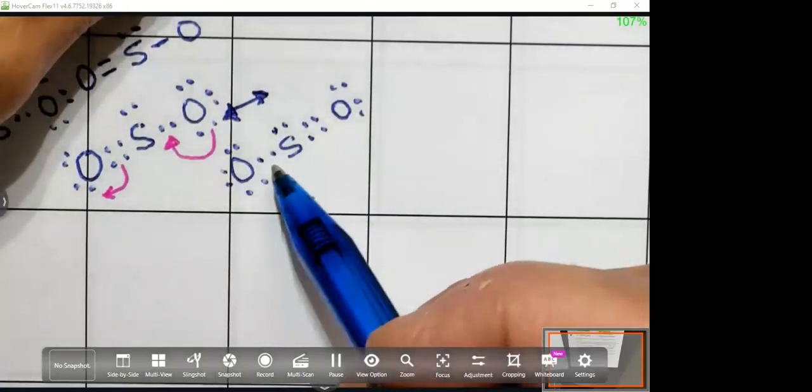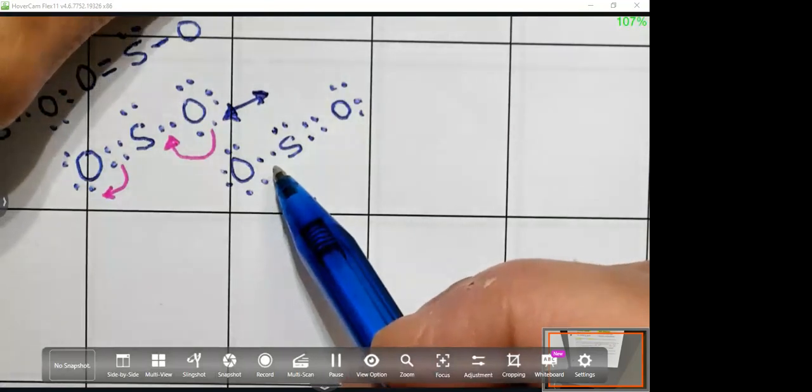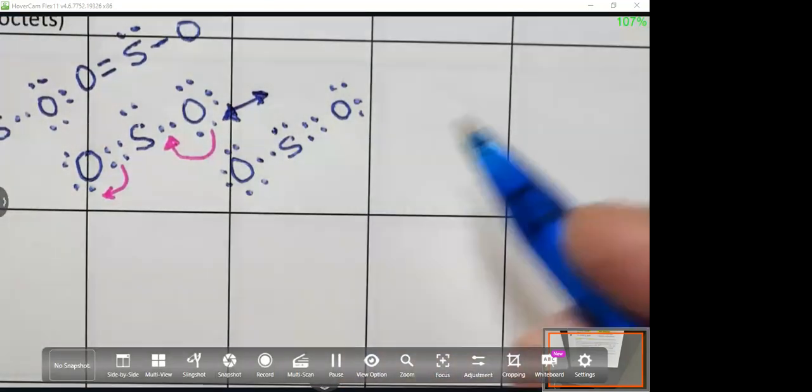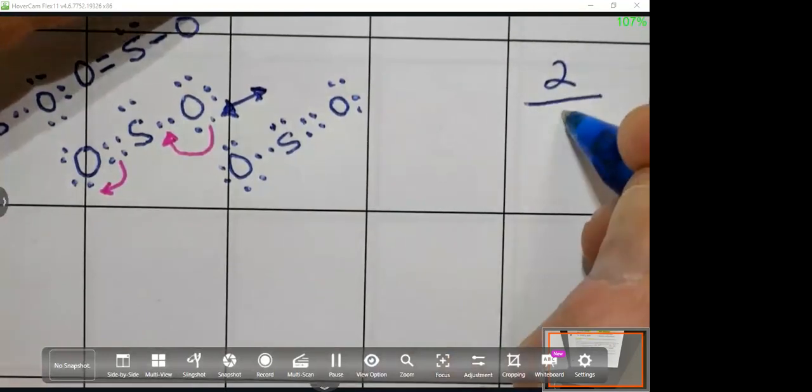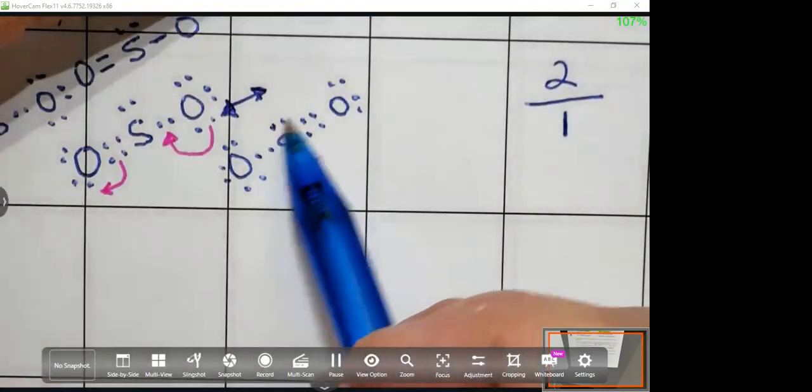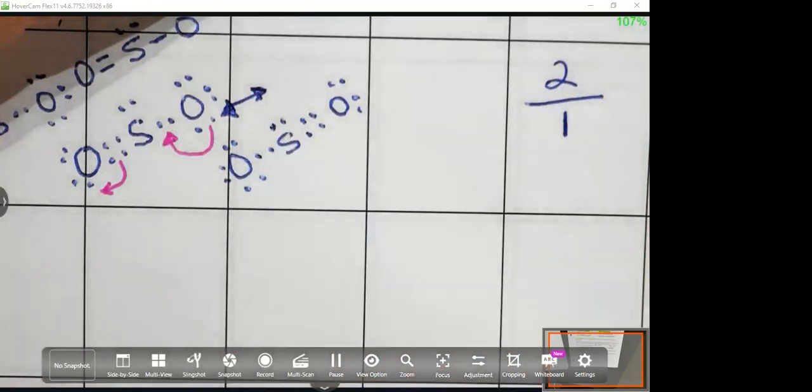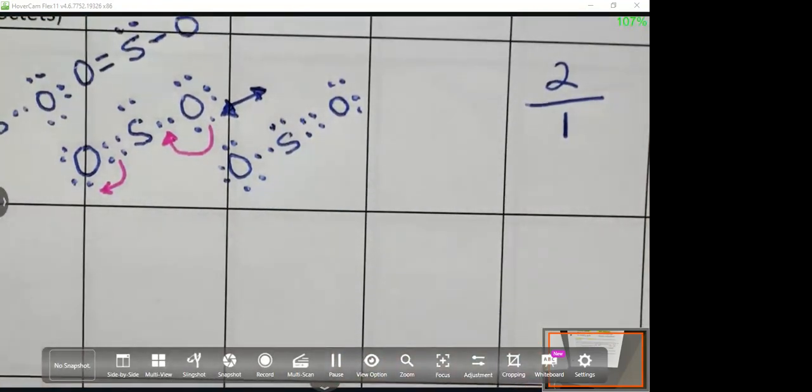Okay. How many bonding domains do I have? You got a double and a single. How many bonding domains? 2. How many non-bonding domains? On that pair of electrons, right? 2, 1. What is my hybridization for a 2, 1?